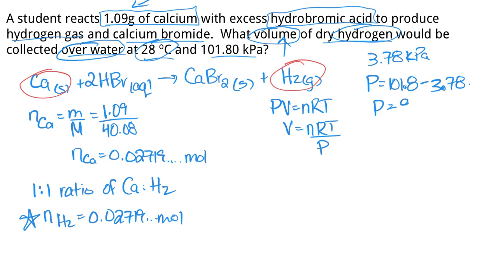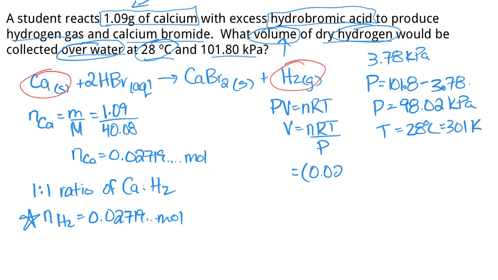And so that's going to be 98.02 kPa. Now, we've also been given the temperature of 28 degrees Celsius, and we need to convert that into Kelvin. So that's 301 Kelvin.